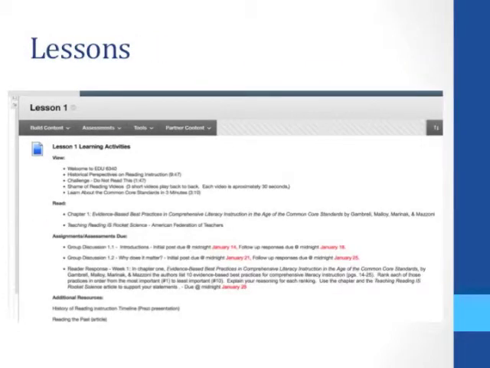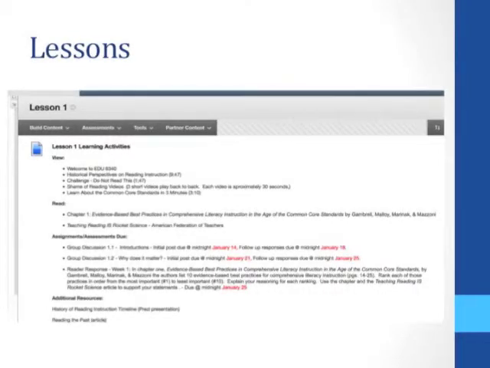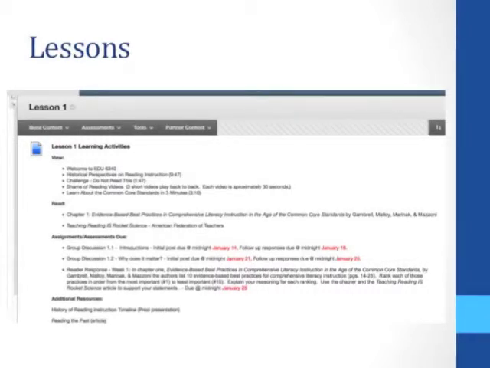While there is a course schedule in the syllabus, each lesson in Blackboard provides a much more detailed schedule of what needs to happen each week. There's a picture here of what lesson 1 looks like, and it might be a little difficult to see, but what I really want to draw your attention to is the way that the lessons are set up. Each lesson has something for you to view.